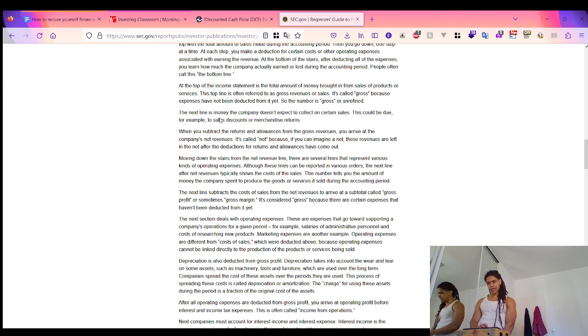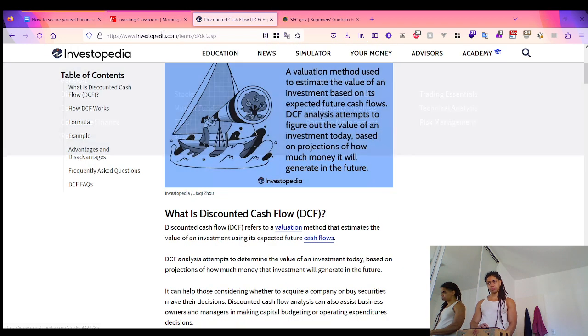The next line is money the company doesn't expect to collect on certain sales. This could be due, for example, to sales discounts or merchandise returns.